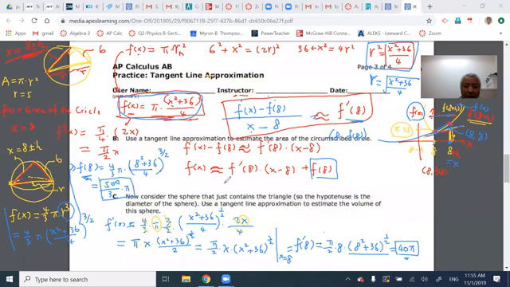So we can get this one equals F derivative of the 8, which is 40 pi. So we got 40 pi times x minus 8, okay? And plus F of 8, which is this one, so we put it here. So we got 500/3 pi.